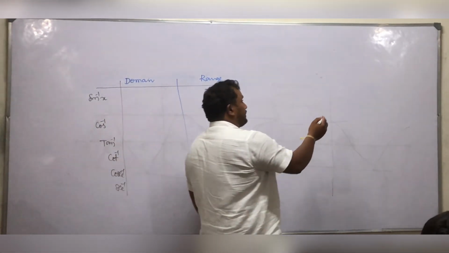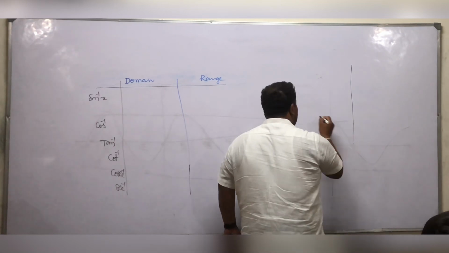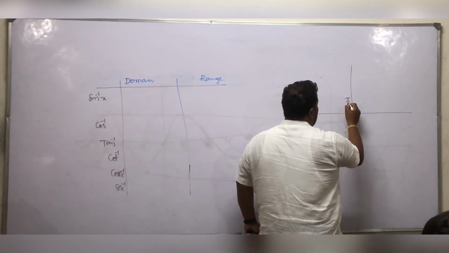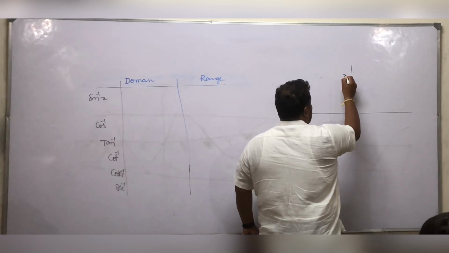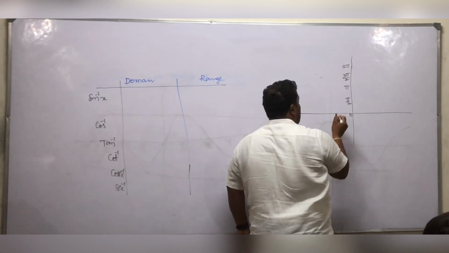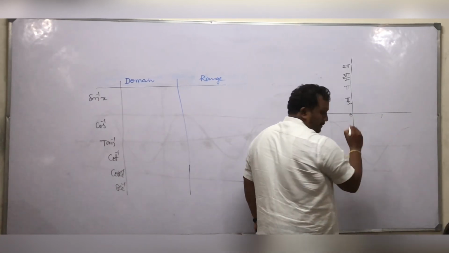So for the sin x graph, on the x-axis we mark 0, pi by 2, pi, 3 pi by 2, 2 pi, and on the y-axis minus 1, plus 1.